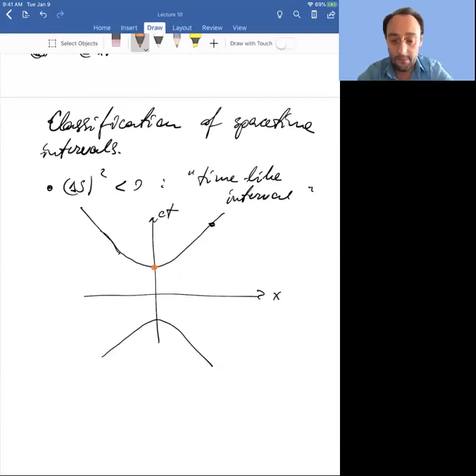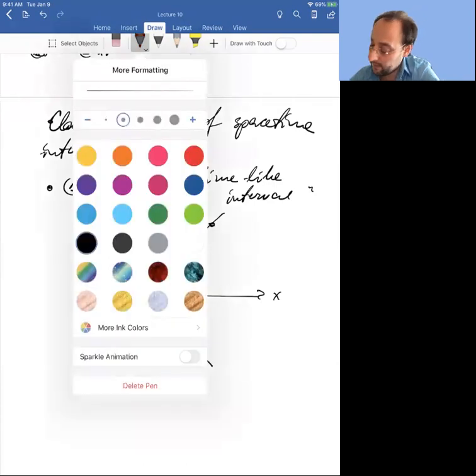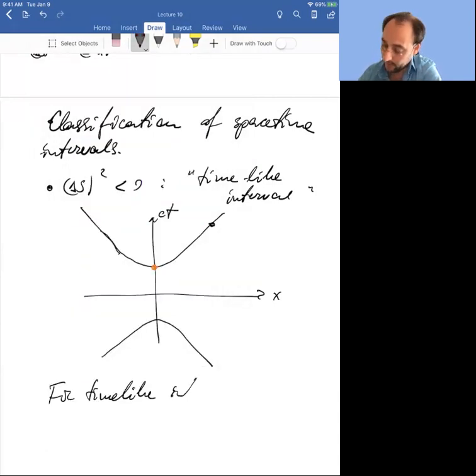Okay, and so note that for time-like intervals, since the value of delta S squared is the same for a pair of events, or for that particular event, regardless of what reference frame we're observing that interval from.